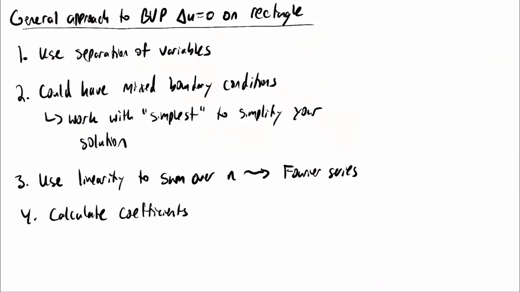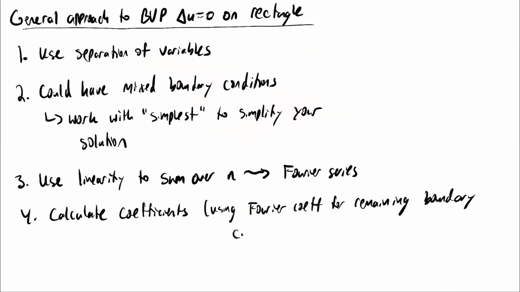In particular, you'll have some constant coefficients that depend on the integer n. For each n, you have a different coefficient. And so the coefficients will depend on the Fourier coefficients for the remaining boundary condition, as we did with the function h in the last example.